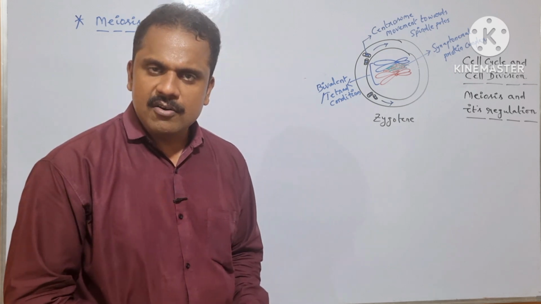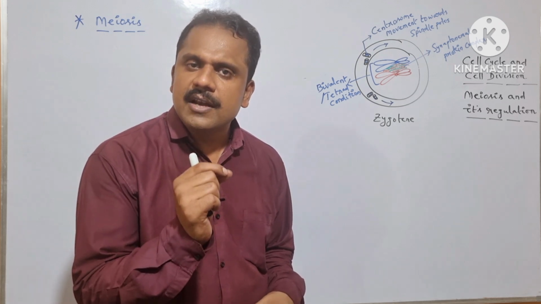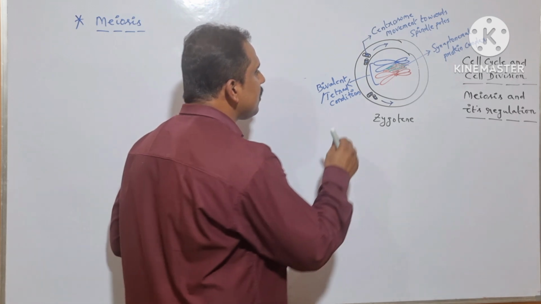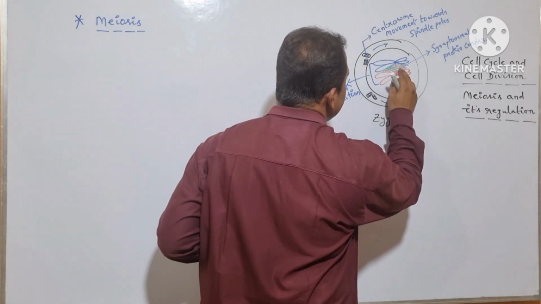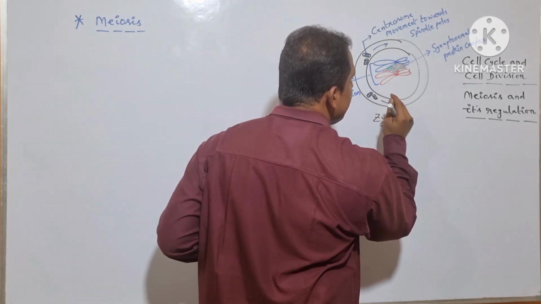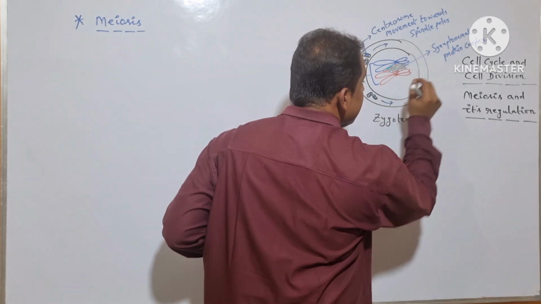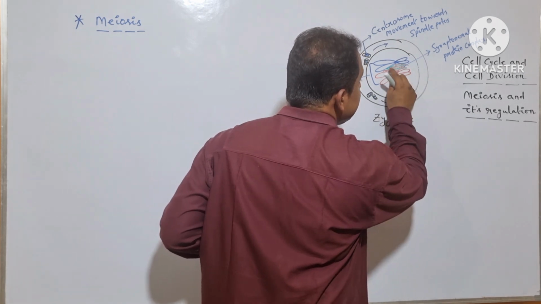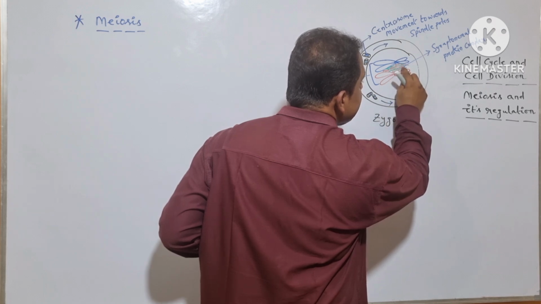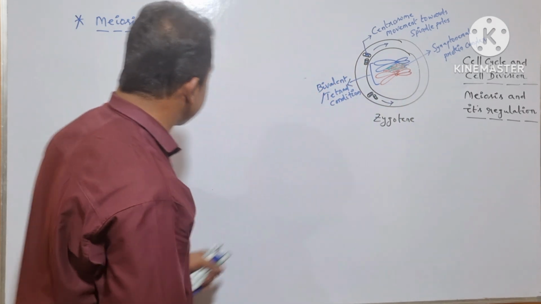Electron microscopic observations have revealed that in order to regulate the pairing between the two homologous chromosomes, there is a requirement of a specific protein complex termed as synaptonemal complex. The synaptonemal protein complex is composed of 3 thick lines of DNA and many proteins. Is it clear? So let me write it here.